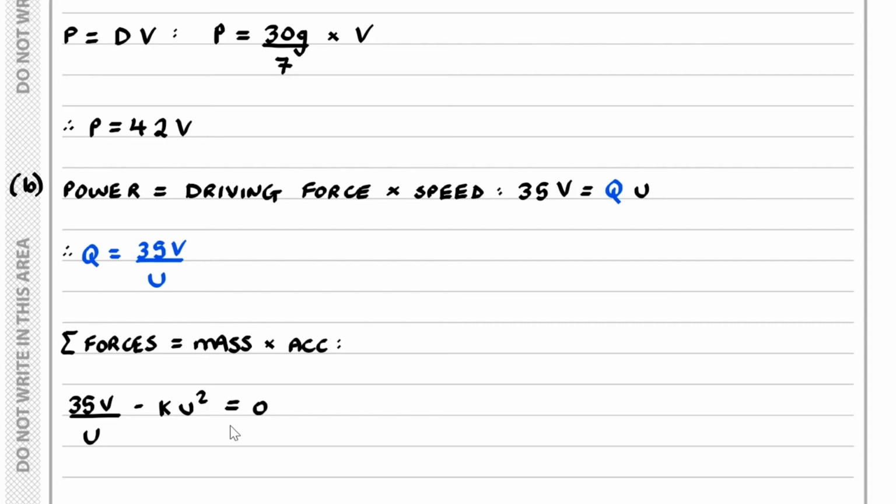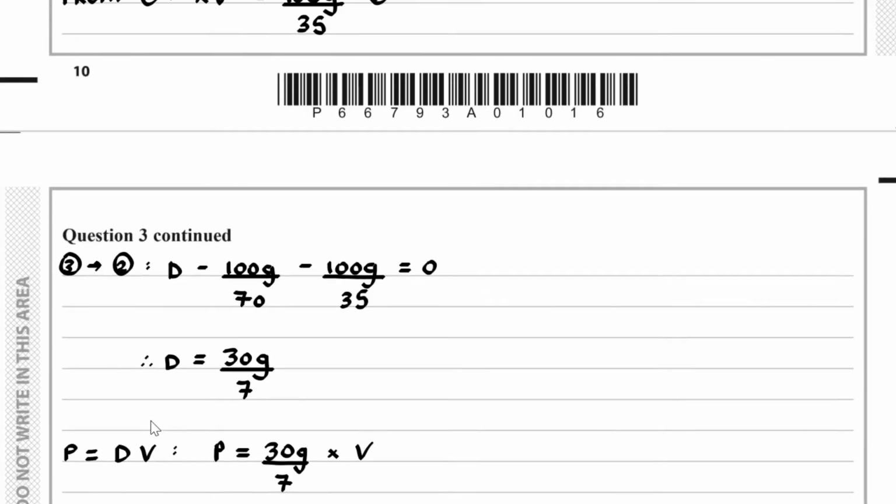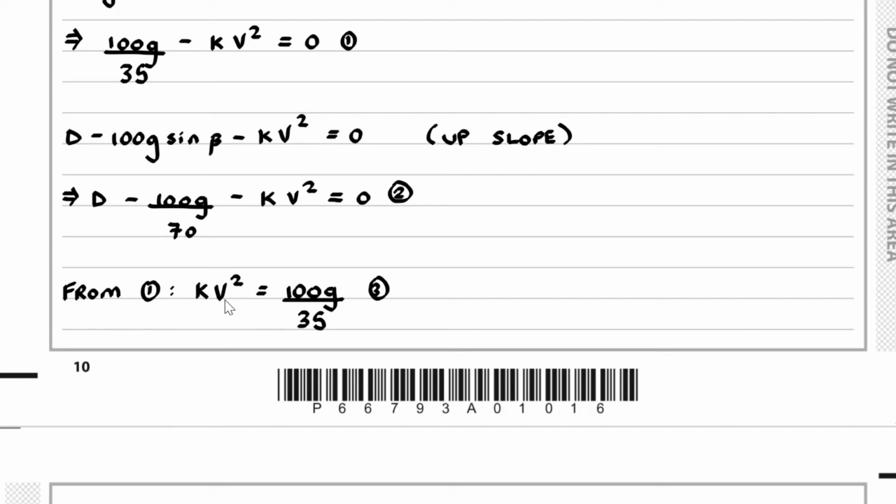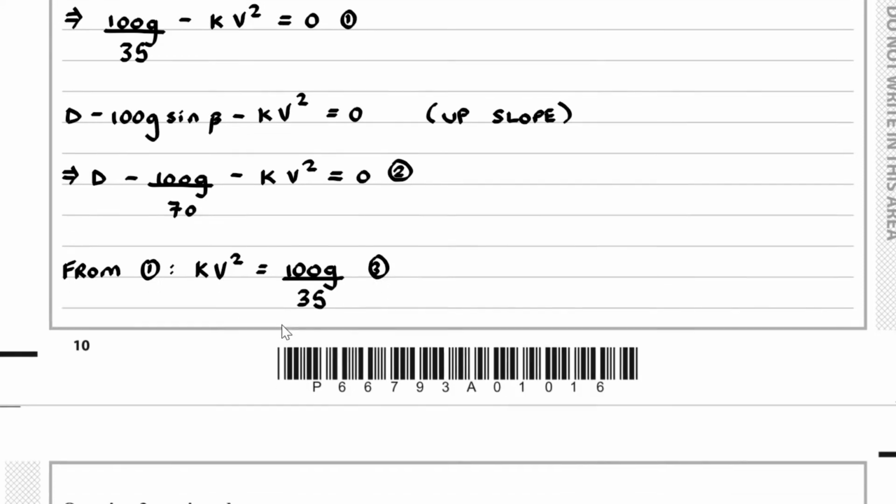This is all equal to 0. Now I need to find out what U is in terms of V, so I need to find out what K is. Now, can I find out what K is? Well, I can use equation 3 to help me find out what K is.